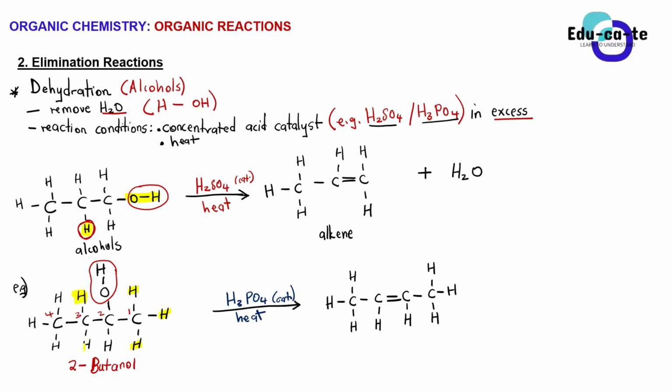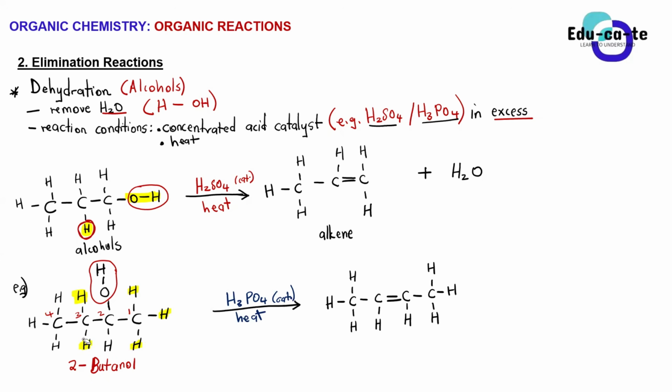You skip carbon number 2, guys, because on carbon number 2 you are removing the OH group. You cannot remove the hydrogen on carbon 2, because already on carbon 2 we are removing the OH group. So basically you can only remove hydrogens from carbon 1 or carbon 3. Carbon 1 has 3 hydrogens, carbon 3 has 2 hydrogens.